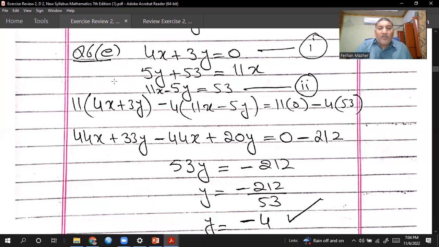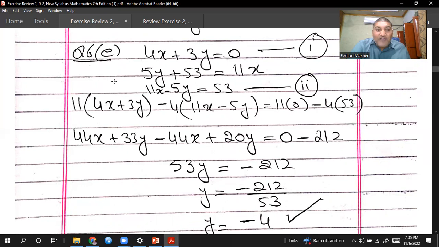And so I will try to make the coefficient of x the same. So I will multiply the first equation with 11 and the second equation with 4, and I will subtract them. So 11 into (4x plus 3y) minus 4 into (11x minus 5y) equals 11 into 0 minus 4 into 53.